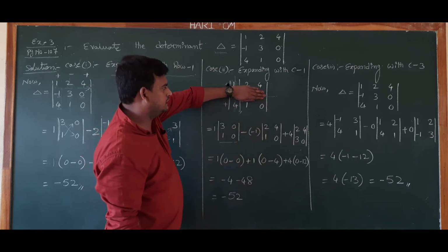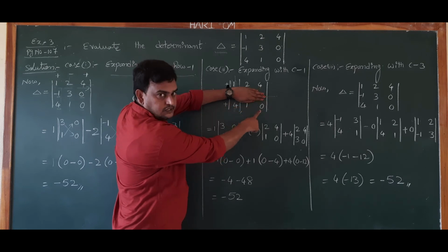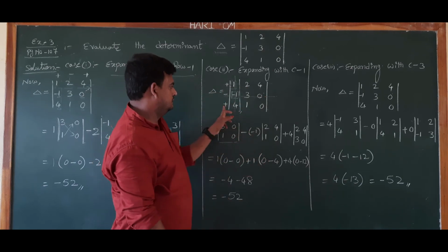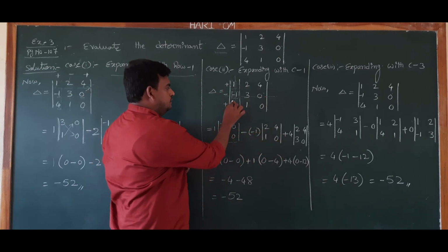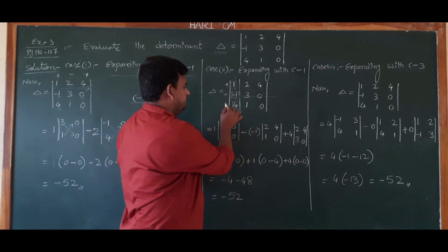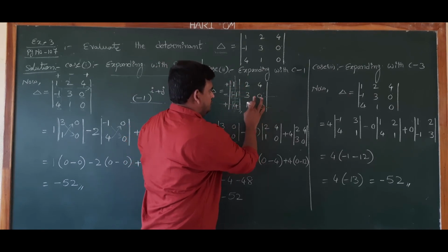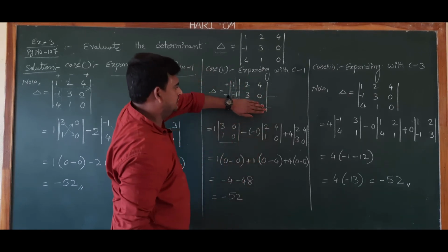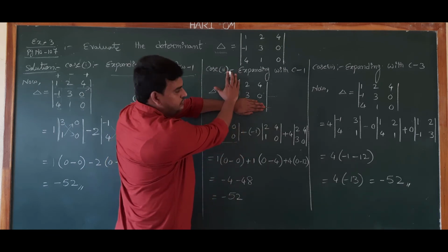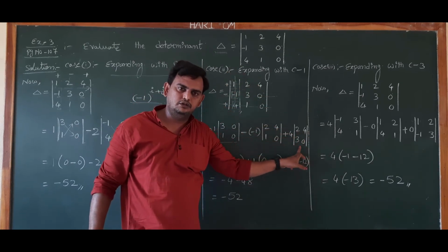So eliminating this entire row, we have 2 4 1 0. So 2 4 1 0 we are writing. Next plus, now we are choosing the element 4. Leaving the first column and third row, we have the elements 2 4 3 0. That we are writing here, 2 4 3 0.